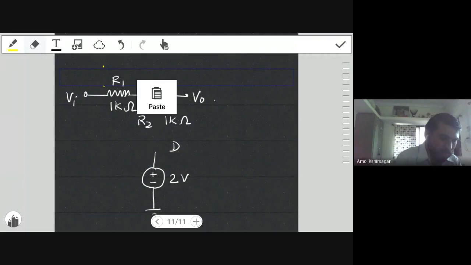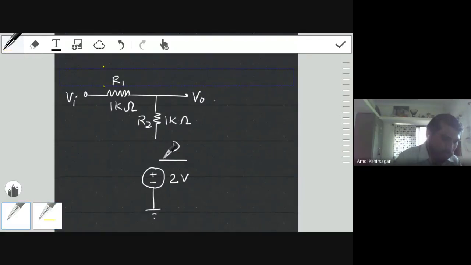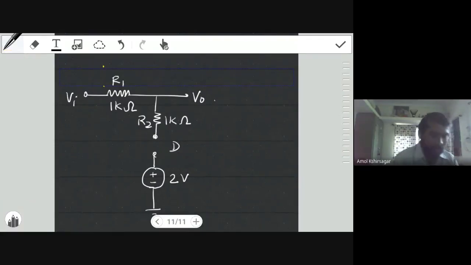So in this diagram now, I am going to remove this diode. Okay, I am going to remove this diode. This diode will be replaced by an open switch. Now here, if I want to continue, I can say that this diode will be open.